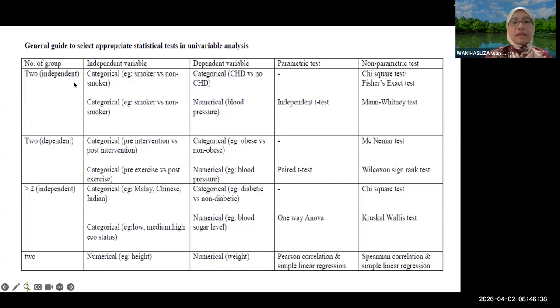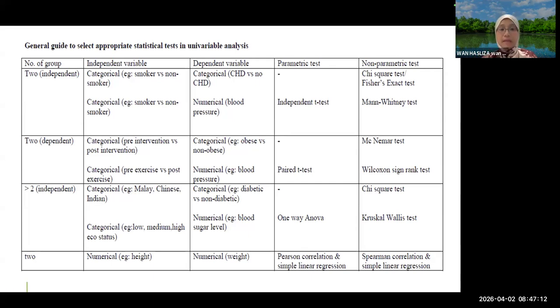Categorical versus categorical: my independent is categorical, my dependent is categorical. So I have to use the test known as chi-square test. If the assumption for chi-square test is not met, I have to choose Fisher's exact test.